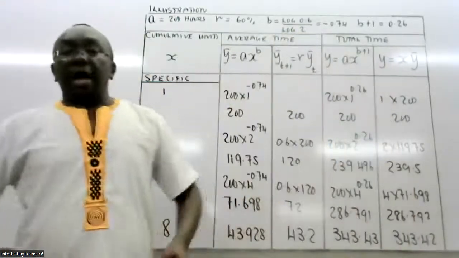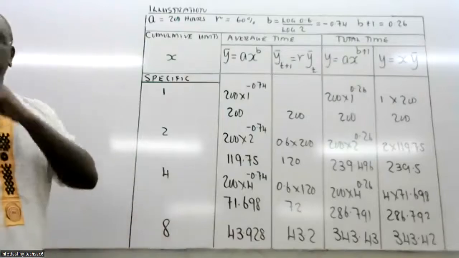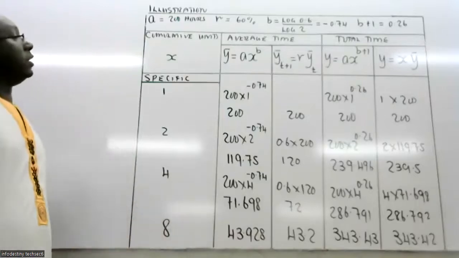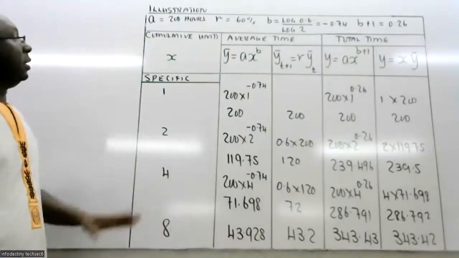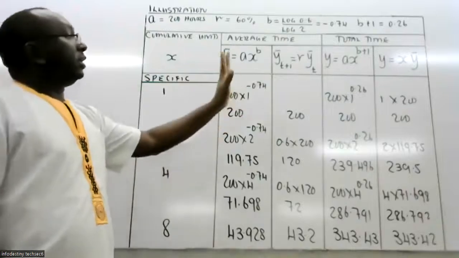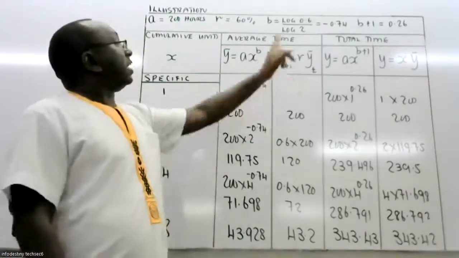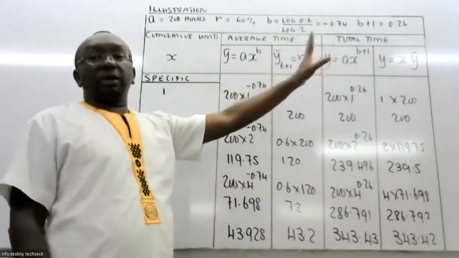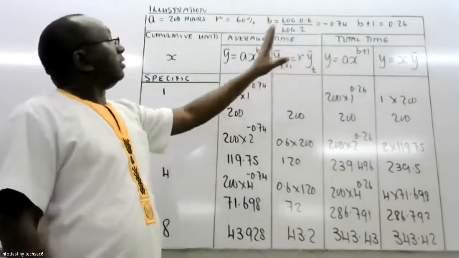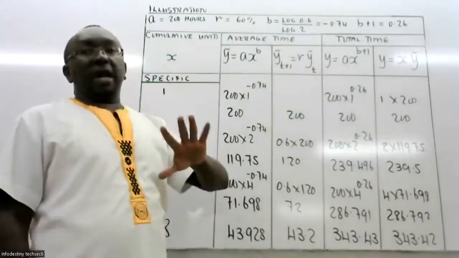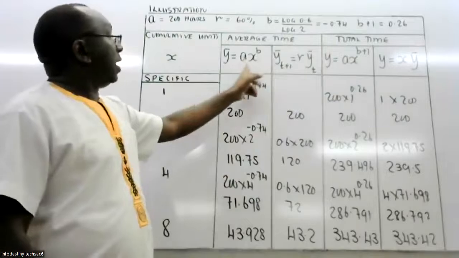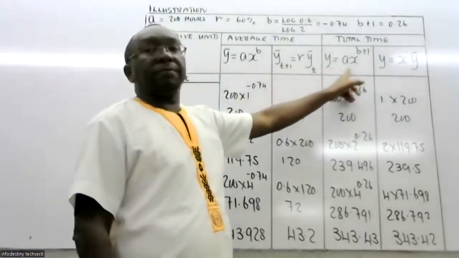Good. Now, what this table shows you are several things. Number one, we said yesterday the curve can be expressed in two ways. There is the average and the total. And we drew the graph. Then I also gave you the formulas, this formula and this formula.